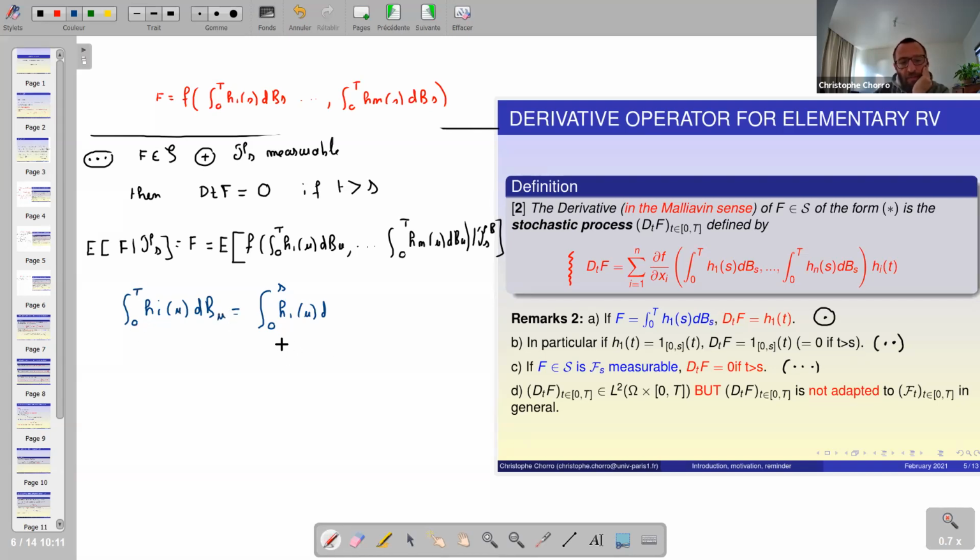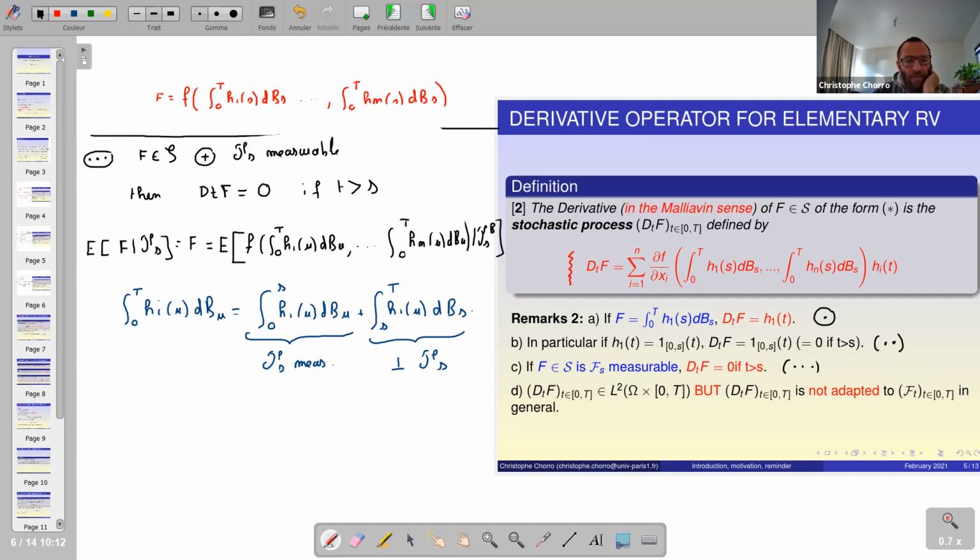The integral between 0 and capital T may be seen as the integral between 0 and s plus the integral between s and capital T. And what is nice is that this one is F_s measurable, and this one is independent with respect to F_s. And it holds for all these Wiener integrals here.